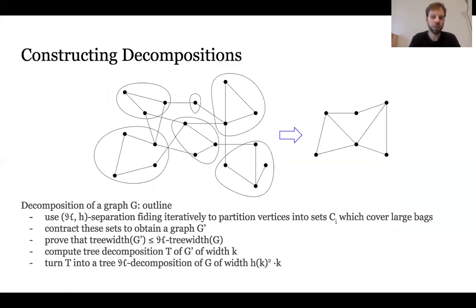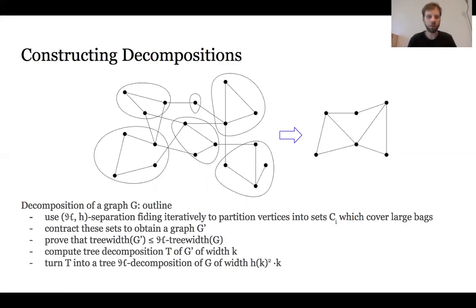We use the separation finding subroutine iteratively to partition the graph into connected vertex sets such that each large bag should be contained in one of these sets. So now we contract all these sets and obtain a new graph G prime.